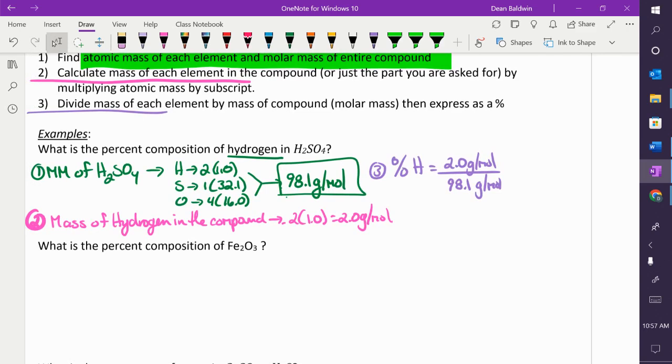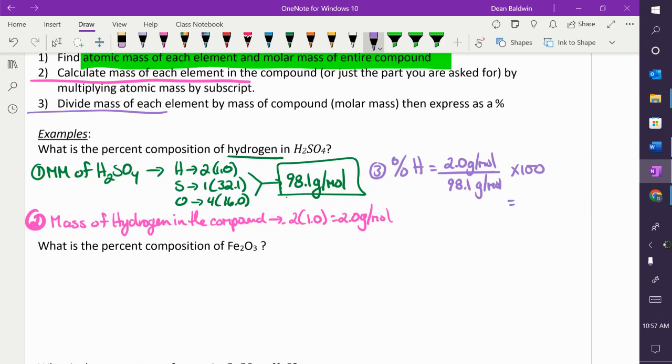And if you want to convert it to a percentage, what do you have to do? You multiply by 100. So if you go 2 divided by 98.1 times 100, you should get about, where's my calculator? 2%.